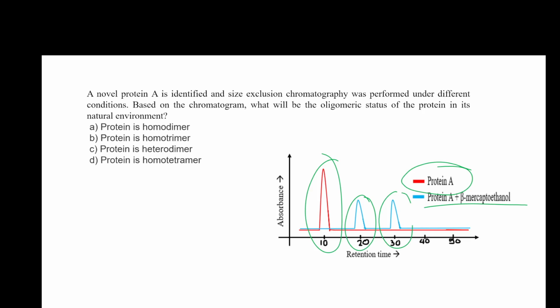Sizes are different means the subunits are totally different from each other. So based on that, you can say that it is a heterodimer. Okay, and when without beta ME you were running the size exclusion chromatography, only one peak was coming, which is of the entire full length protein. So the protein is considered as heterodimer.